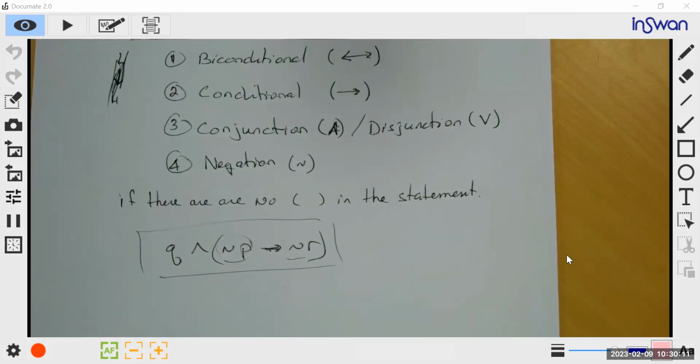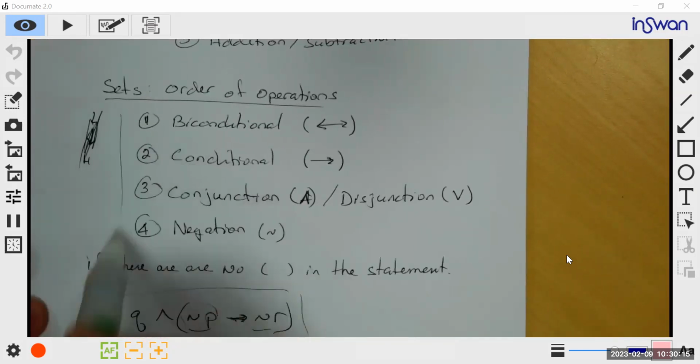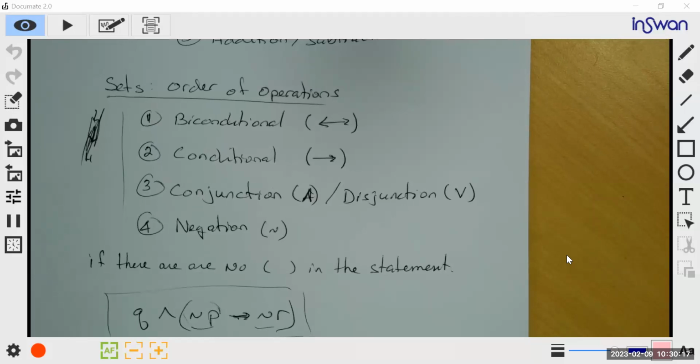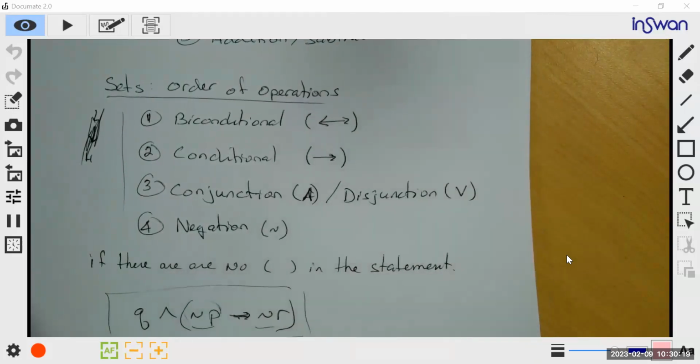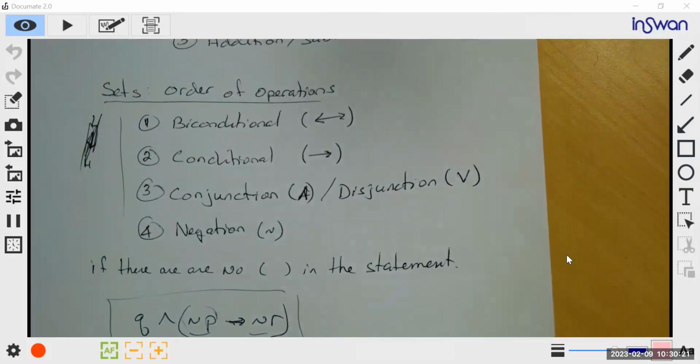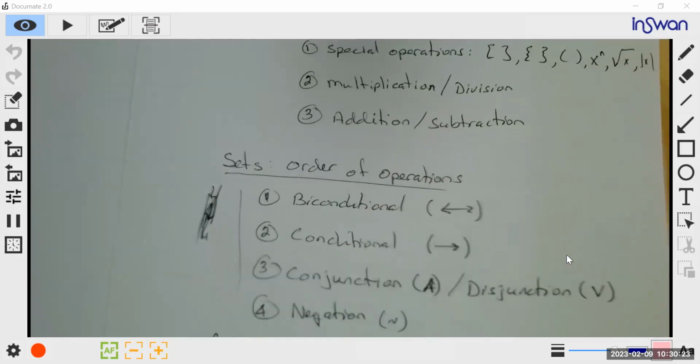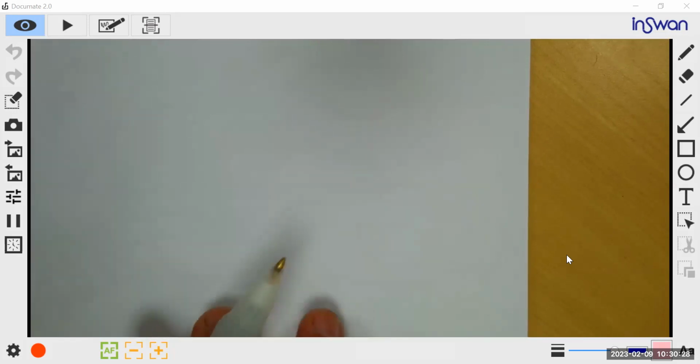So if you're given a statement with no parentheses, the order of operations is this when it comes to sets. Any questions so far?